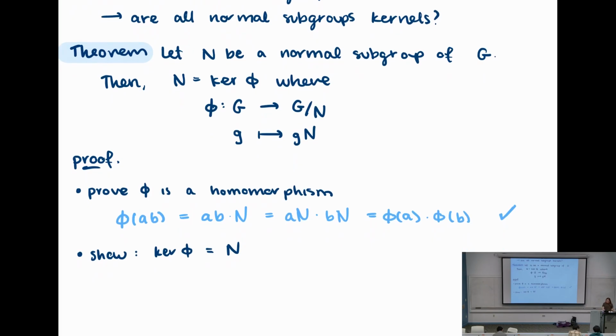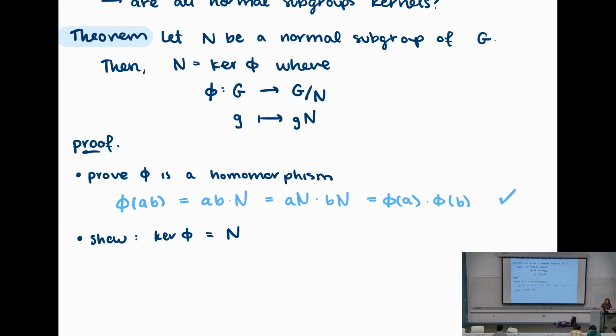Okay, so now let's see why the kernel of phi is equal to N. So let G be an element of the kernel of phi. Well, G is in the kernel of phi.